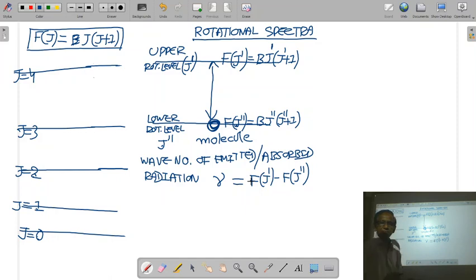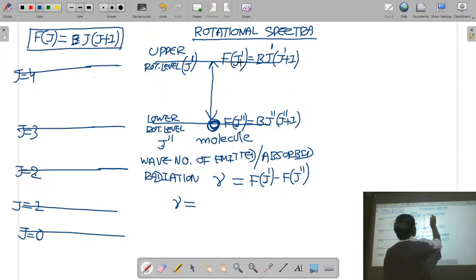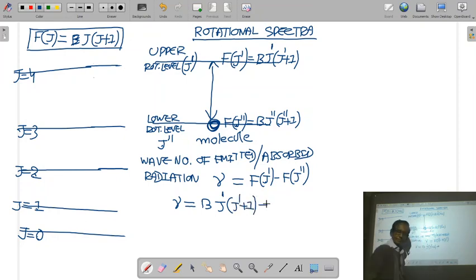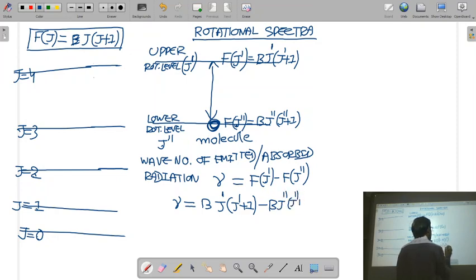Once again, F(J dash) is the rotational wave number of the upper level, and F(J double dash) is the rotational wave number of the lower level. We substitute the values of F(J dash) and F(J double dash). So the wave number of the emitted or absorbed radiation will be B J dash (J dash plus 1) minus B J double dash (J double dash plus 1).